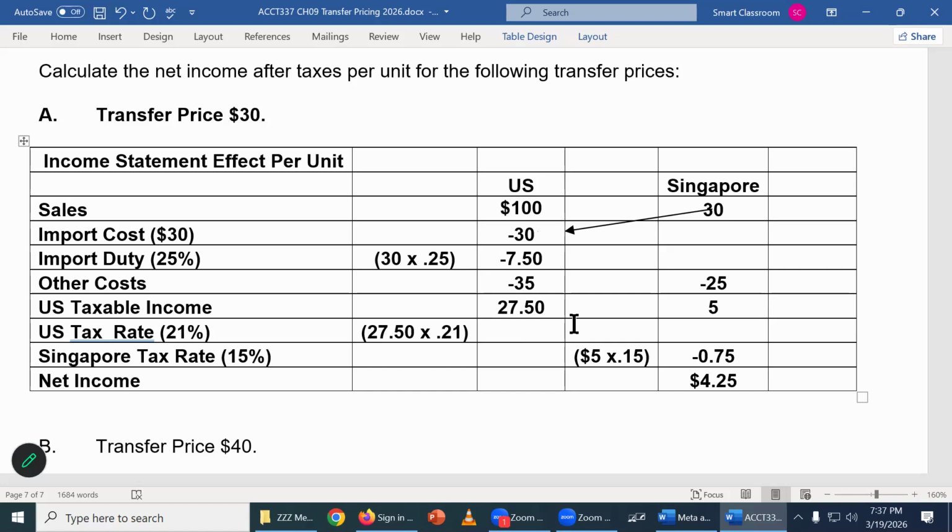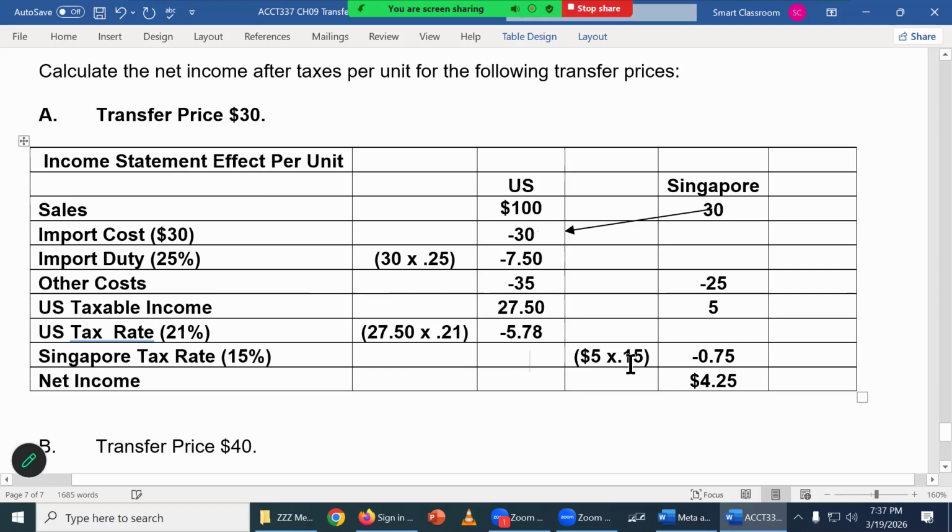I rounded up on this one, so I'll assume that we round up. It's $5.775, we don't even have cents anymore, so 5.78. Net income 21.73. There we go.